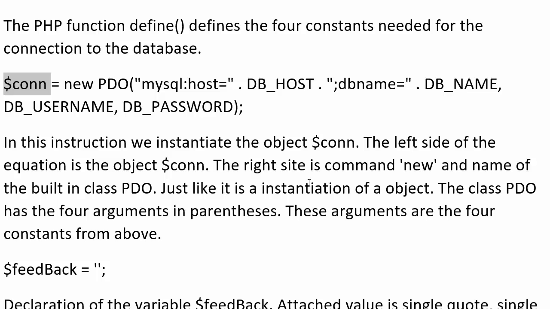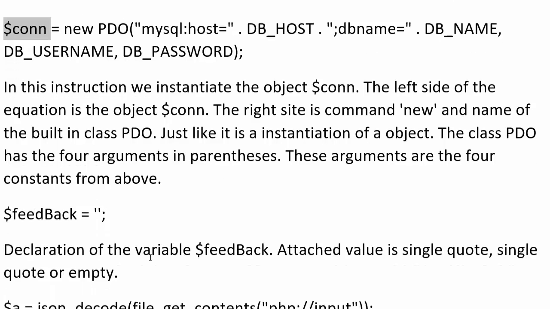The right side is the command new and the name of the built-in class PDO, just like an instantiation of an object. The class PDO has four arguments in parentheses. These arguments are the four constants from above.